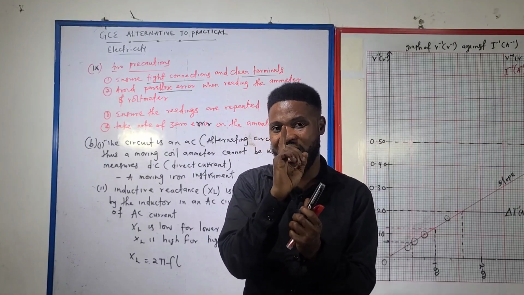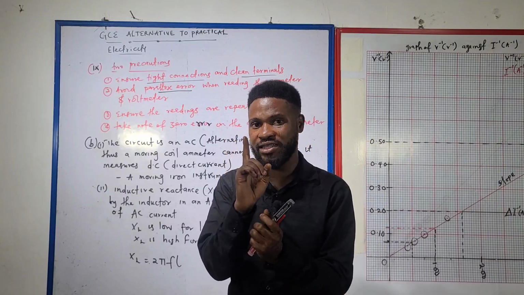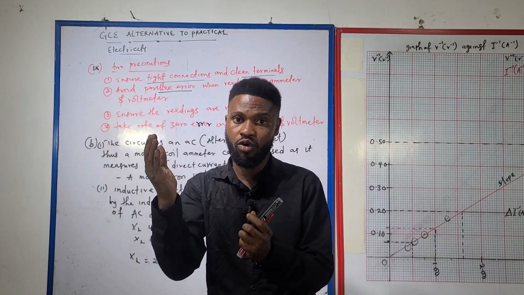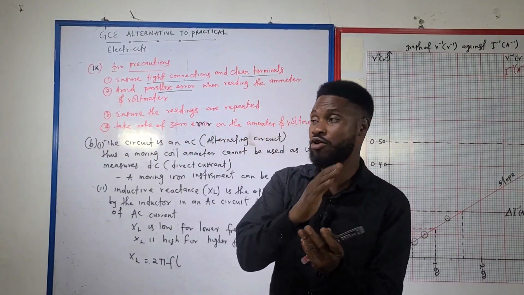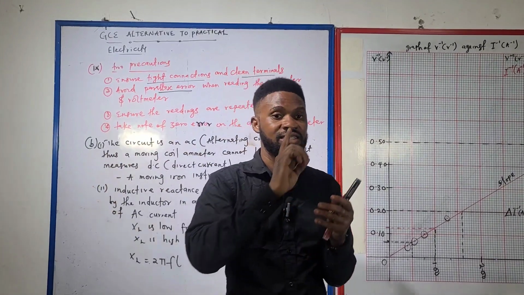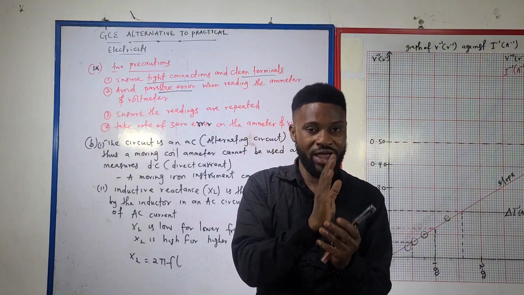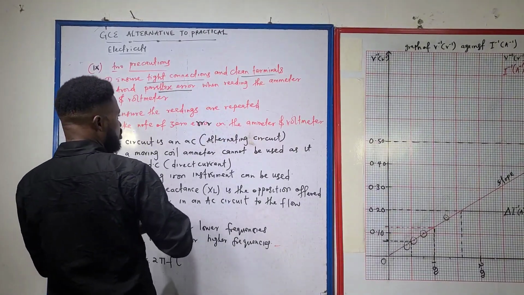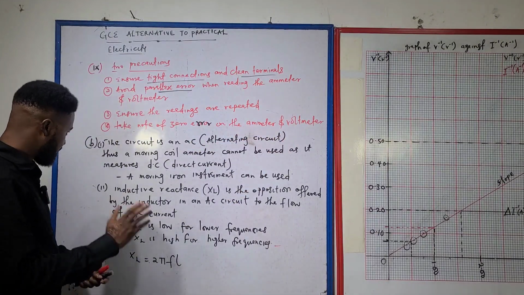Which means if I use it for any measurement, it's going to give me a figure more than it should normally record. So I have to take into consideration the zero error. Zero error just simply means the instrument is giving a reading other than 0 when that instrument is not in use. So you take note of zero error on the ammeter and voltmeter.